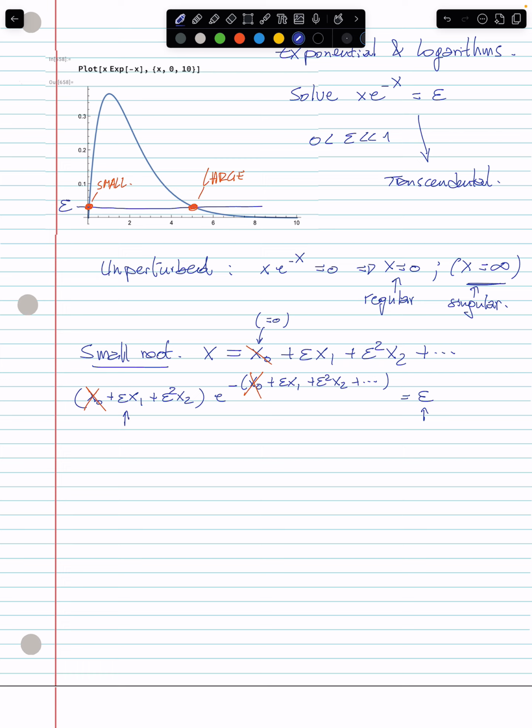So what we would end up with is x1 plus epsilon x2, and then we need to get something that we can use, but you see that here, because we're looking for a root which is in the neighborhood of x0 equal to 0, the argument of the exponential is something that is quite small. And if this is something that is quite small, then we can expand this in the neighborhood of the origin, right? So I'm just going to use a series expansion.